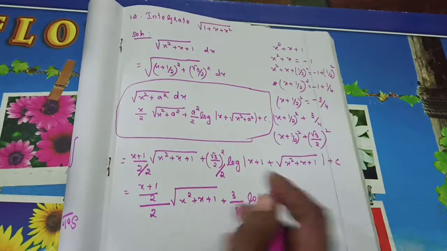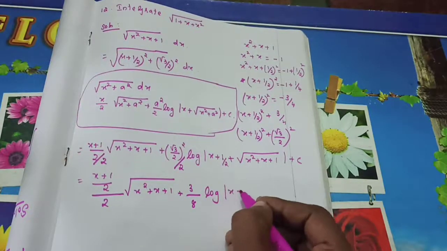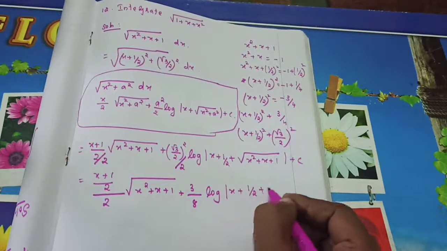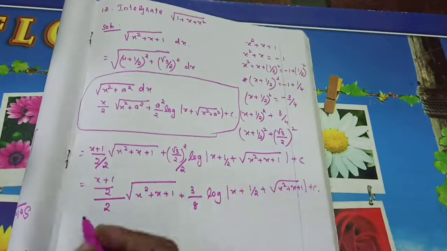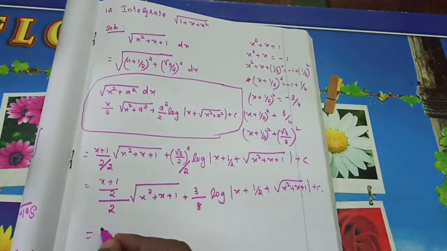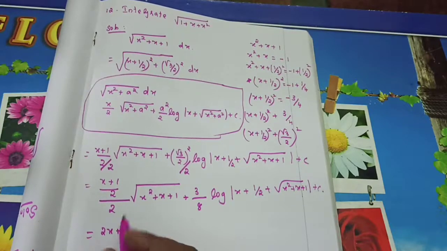So log of modulus of x plus 1 by 2 plus square root of x square plus x plus 1, modulus, plus c. That's equal to, this 2 will go up. So what's the value you will get? 2x plus 1, yes, LCM.